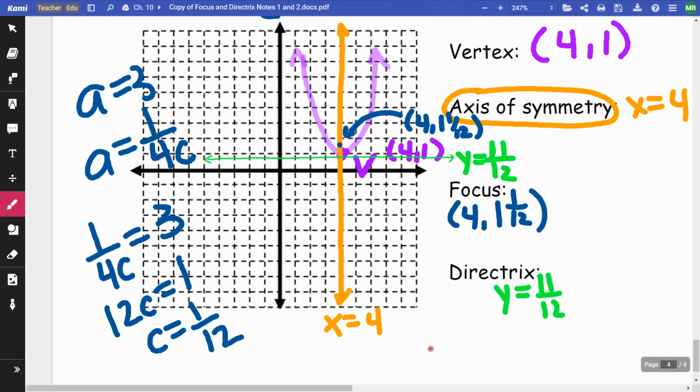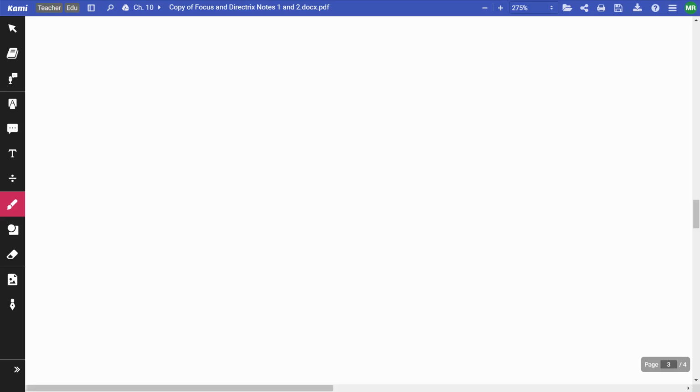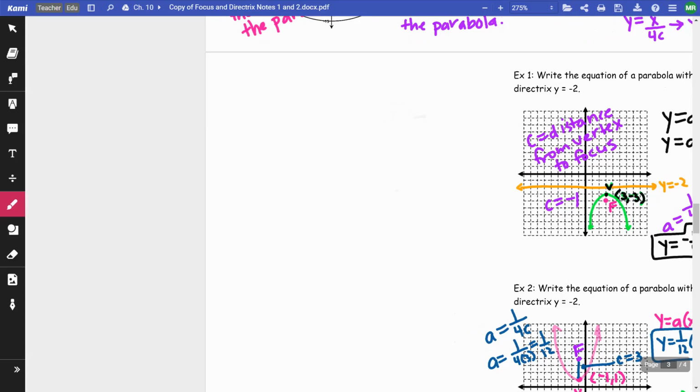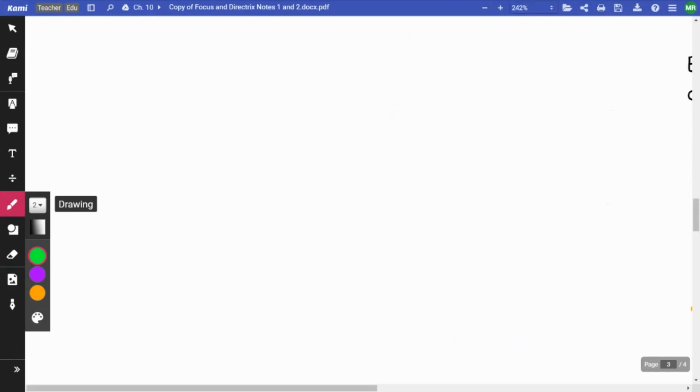Now, the next one, I'm going to talk about something that I wrote on this paper, but we haven't discussed, okay? So again, I'm just going to the blank part of our notes, and I'm going to jot down the following information for our next problem.